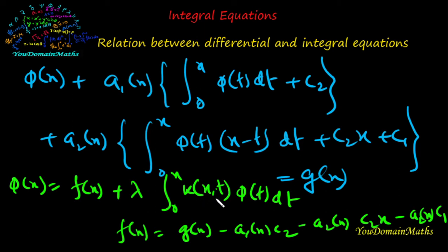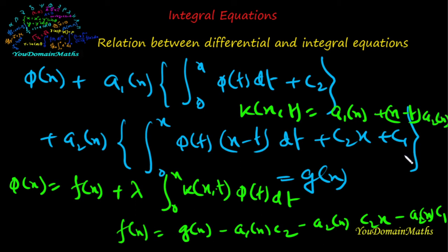And the kernel K of x, t equals the coefficient of phi of t, that means minus a1 of x minus x minus t times a2 of x.